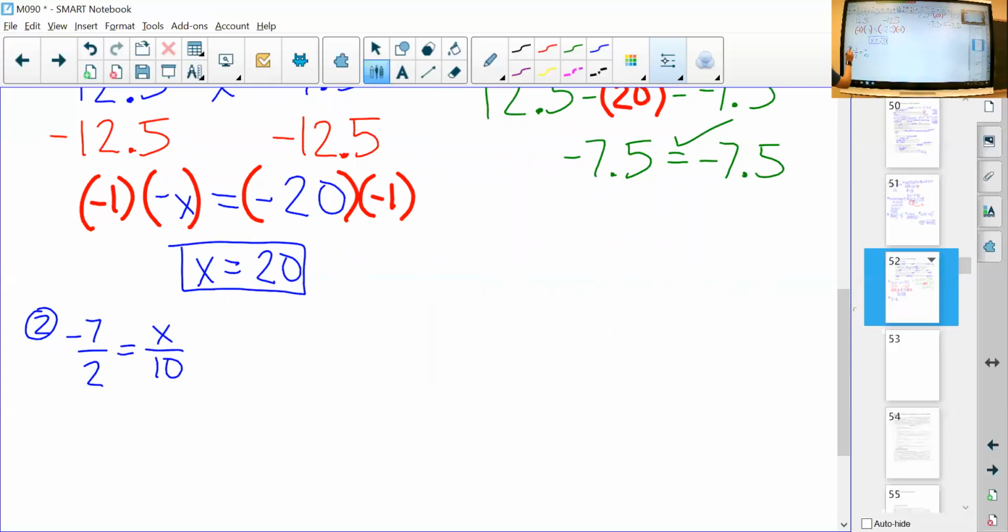I need to do the same thing to both sides to get x by itself. I have several options here. The one that I would do in this case is multiply by the thing we're dividing by, multiply by the denominator. Multiply both sides by 10 and see what happens.